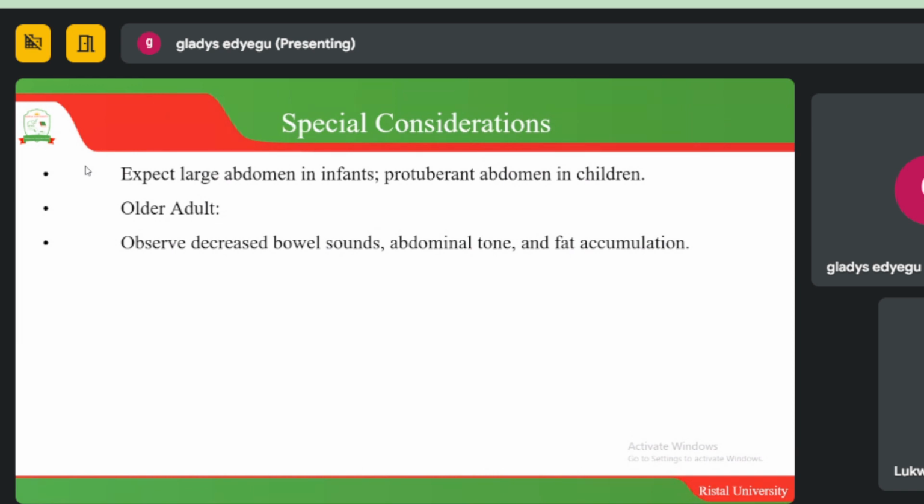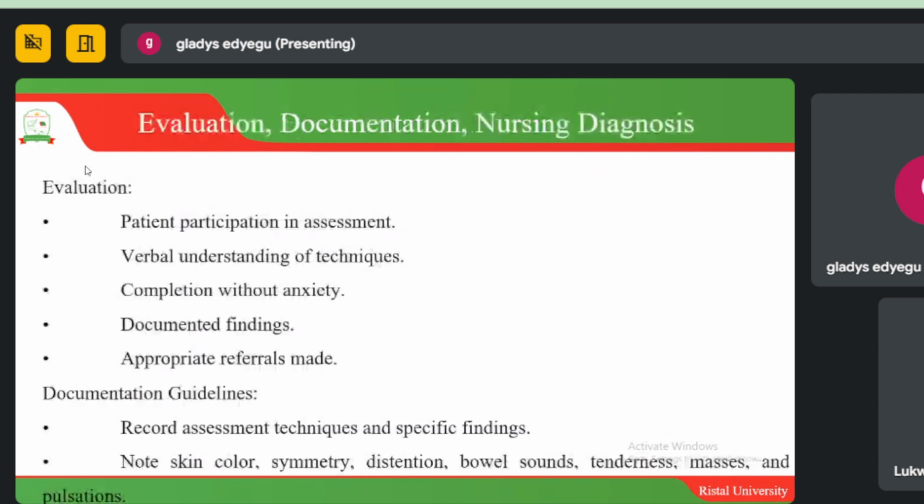So the accumulation of fat also contributes to the lowering of the bowel sounds. So you should look at your patient's abdomen and assess. If he's a fat person, you cannot expect his bowel sounds to be the same as those of a person who has little fat. So that also we have to put into consideration.